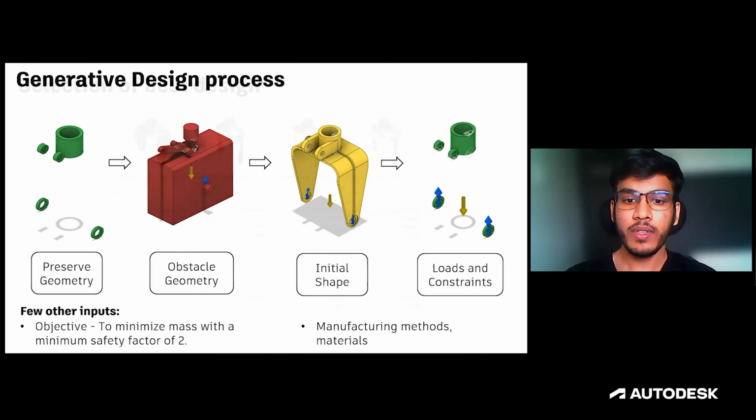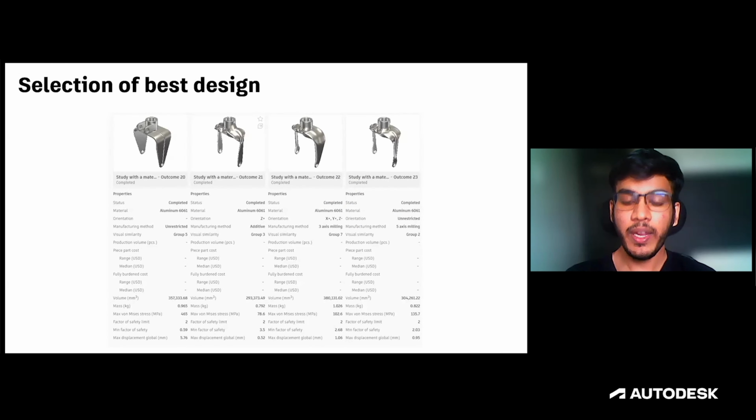Once the generative design process gets completed, we get multiple design outcomes from which we are free to choose. The picture in the slide shows 4 such outcomes for aluminum 6061 material. From here, we have multiple ways of selecting that one design outcome which suits our requirements.